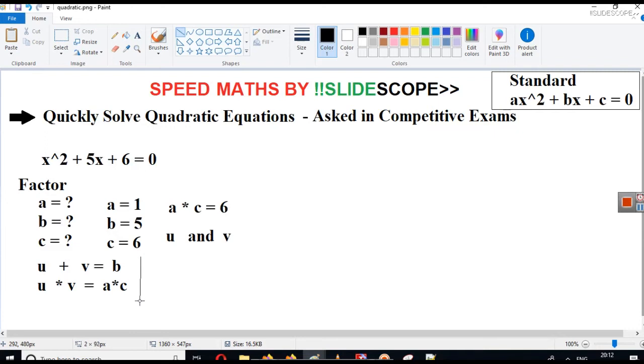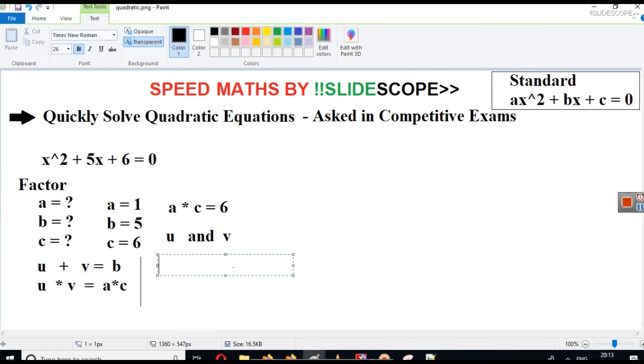Now what are the factors of 6? What can be the two factors? The first factors can be 1 and 6, because 1 multiplied by 6 is 6, but is 1 plus 6 equal to 5? Because u plus v should be b, and if u is 1 and v is 6, then u plus v is not equal to b in this case.